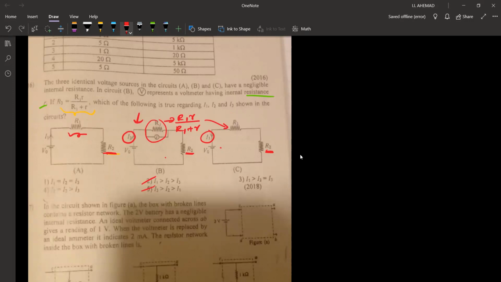So I2 current has to be larger than I1. Then I1 is less. So that is satisfied by which one? I1 has to be less.